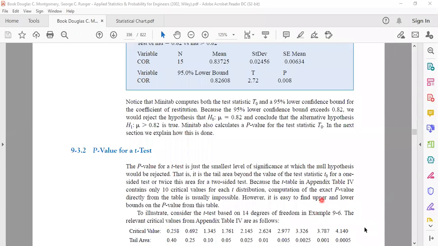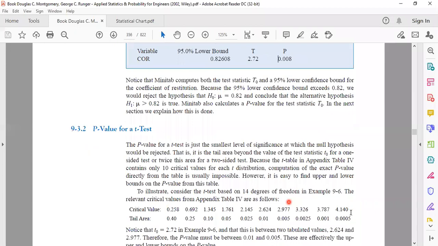Now you see that from the table, they have used this particular thing. Just concentrate on that. Critical values, they have written 0.258, 0.692; all these values they have selected from that table. And tail area is this. What are these things? I'm unable to understand. Let us go to the statistical chart that I shared with you.